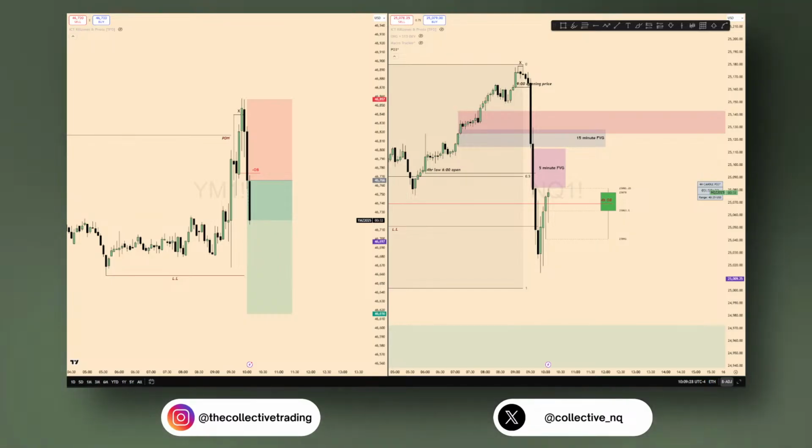Yeah, so YM's got that 5-minute inversion in 30 seconds here. YM keeps selling off, NQ's getting the retracement, NQ then flips, follows.